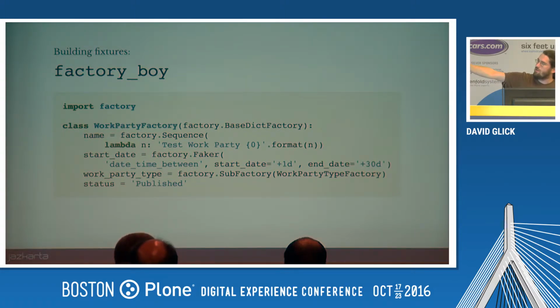It's got a thing that generates a random date and time between two endpoints, and it's got a subfactory that refers to some other factory. So it just is a useful toolkit for building things for testing.